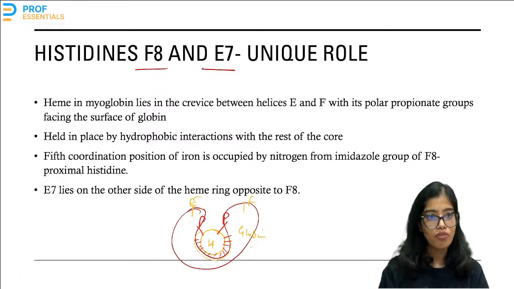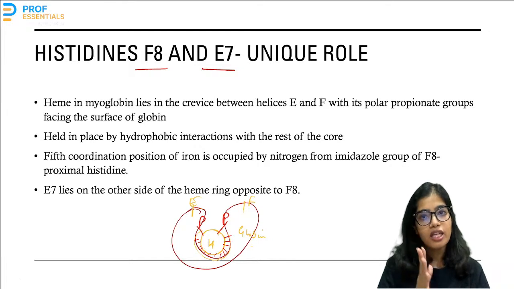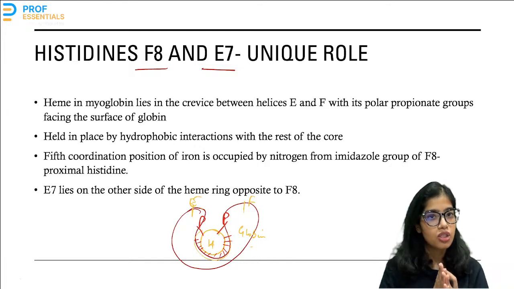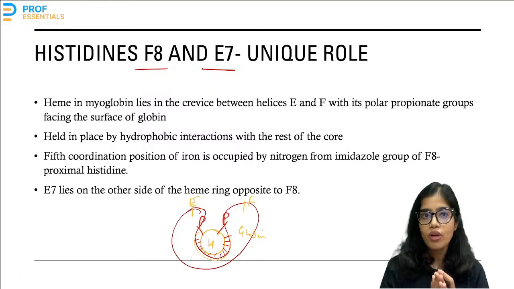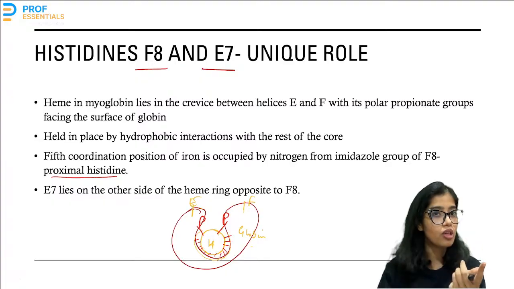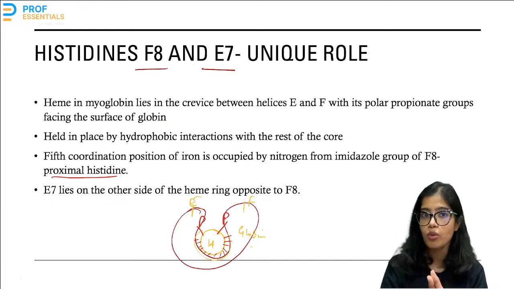Now remember we studied the 4 coordination positions of iron. The 5th coordination position of iron is occupied by nitrogen from the imidazole group of F8, the proximal histidine. The 6th will be occupied by oxygen. So we know how all 6 coordination positions of iron are occupied.